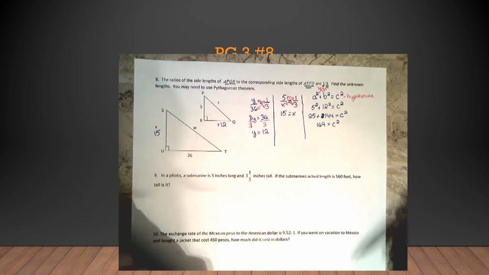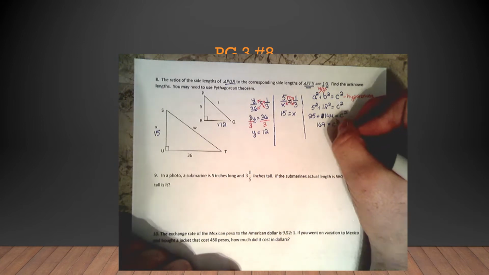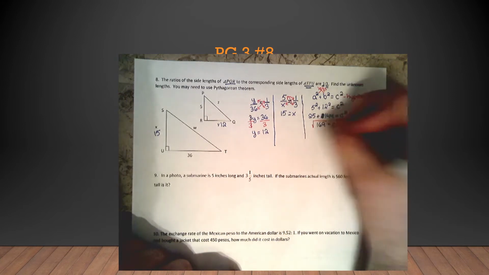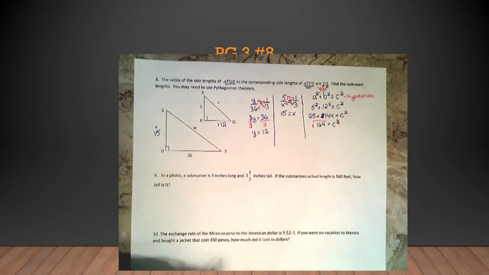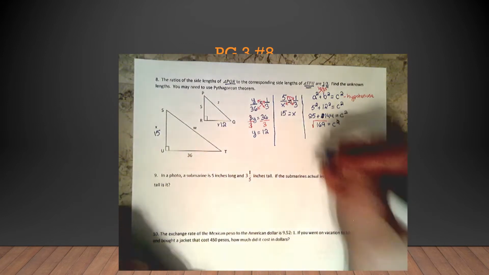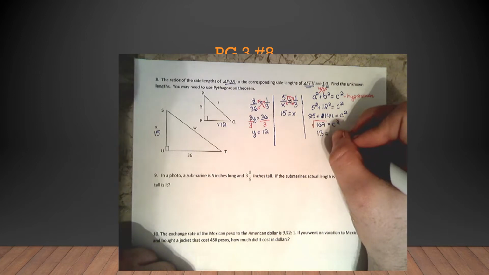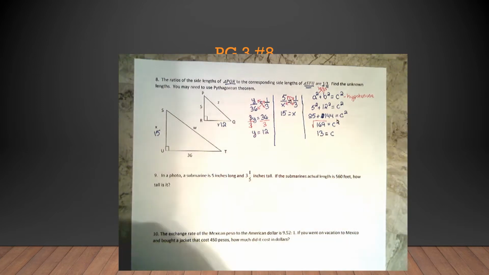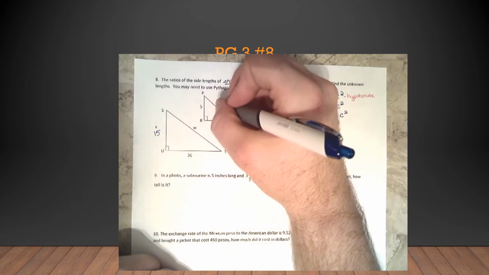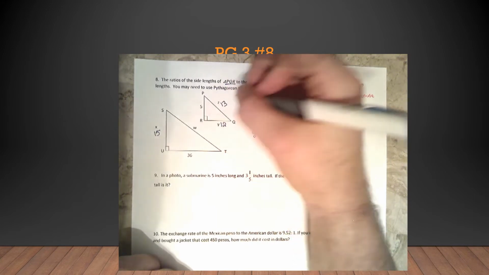Well, the way to get rid of a square is to square root it. So the square root of 169 is 13. So Z in this case was equal to 13.